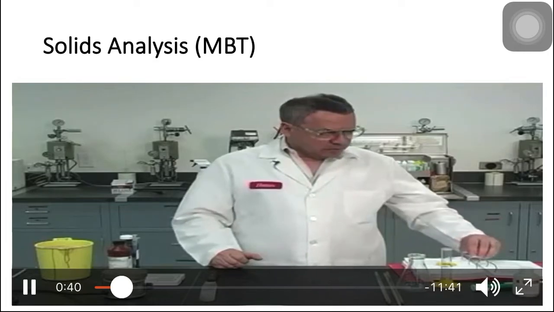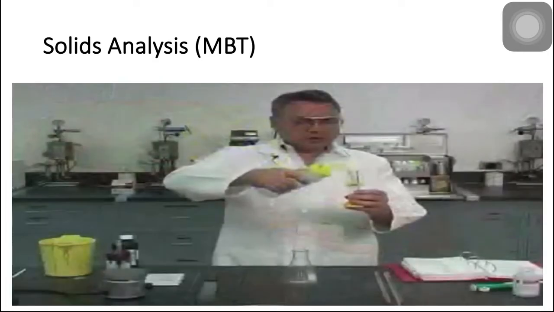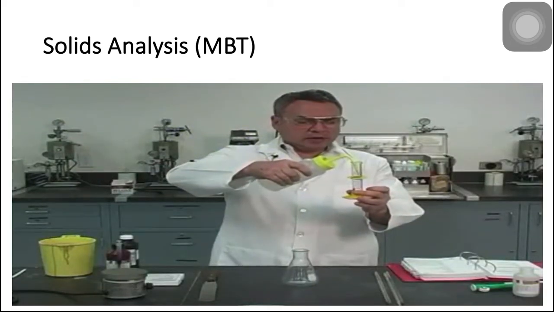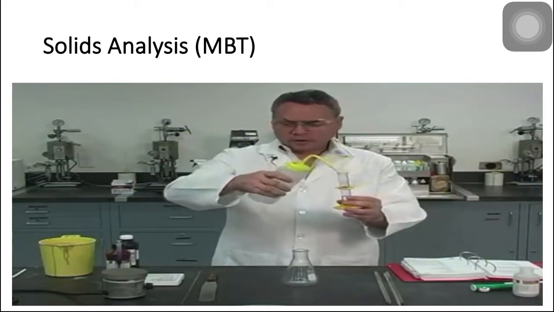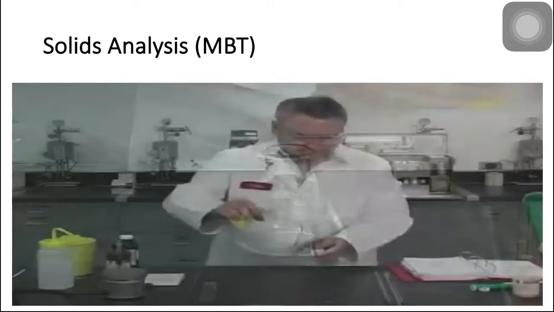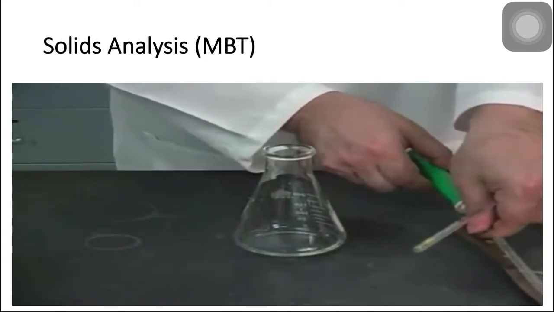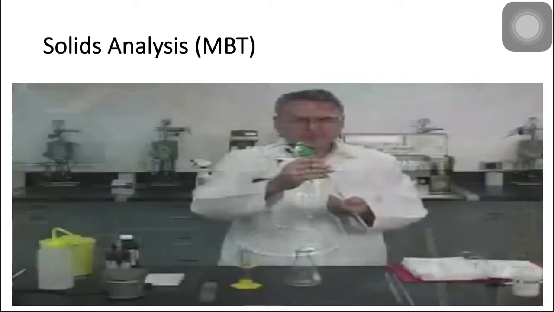The first thing we are going to do is start with 10 milliliters of distilled, or in this case deionized water, and we place it into this Erlenmeyer flask. Then 1 milliliter of sample. I can use a pipette for this.